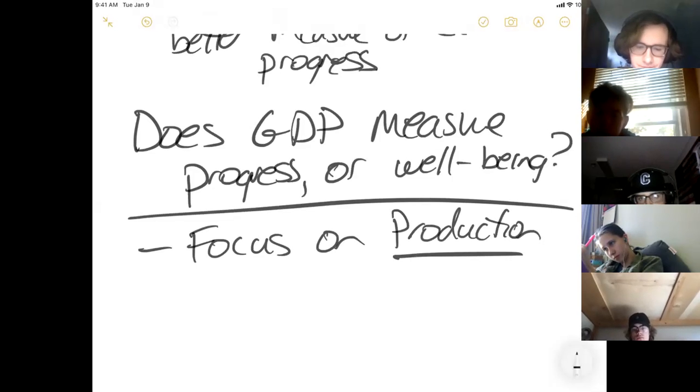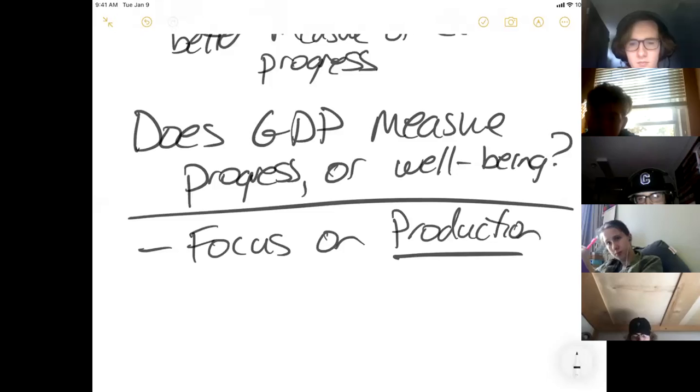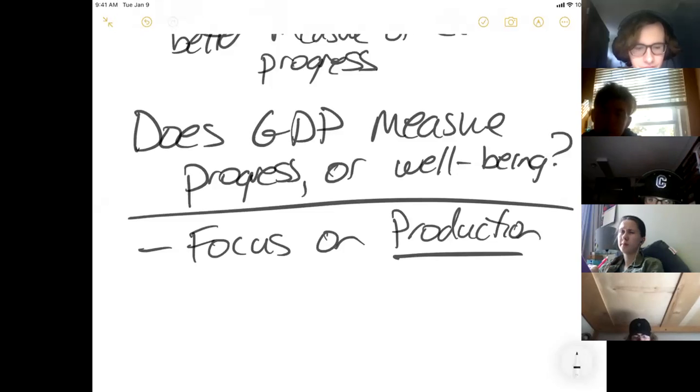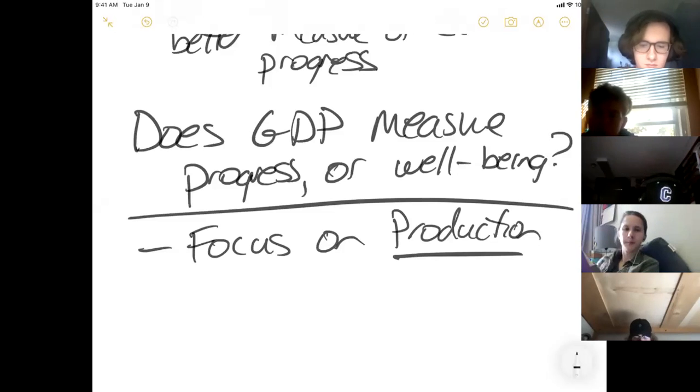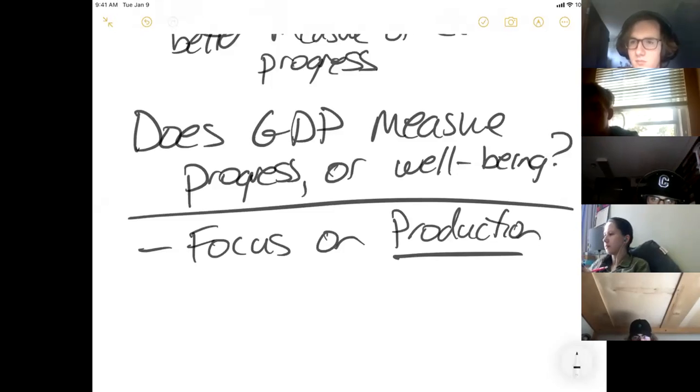So from your readings, let me ask you, what are some of the things that GDP essentially misses or doesn't explicitly include that might impact our well-being? Things that might impact our well-being but don't show up in GDP. Any ideas?